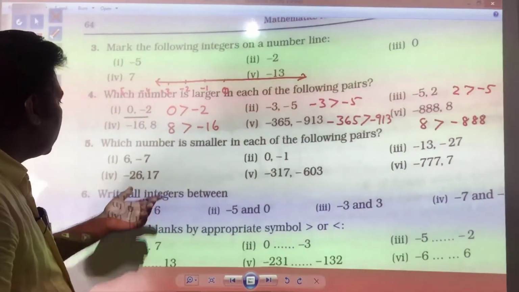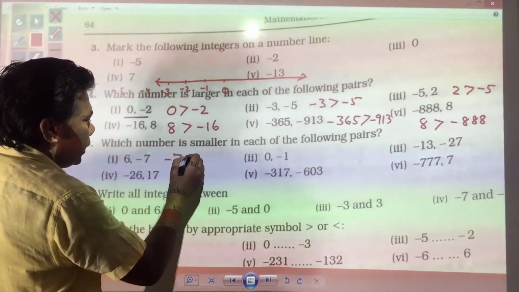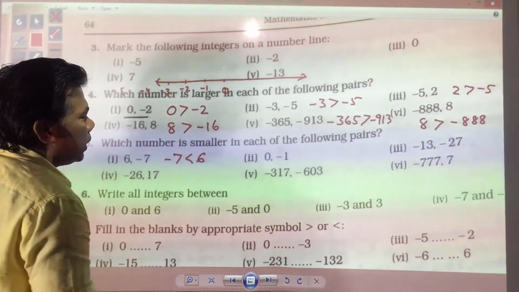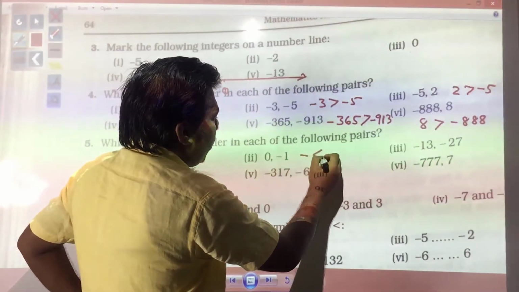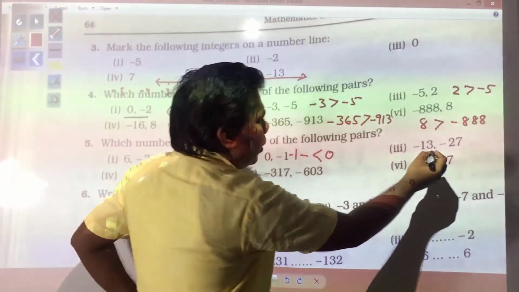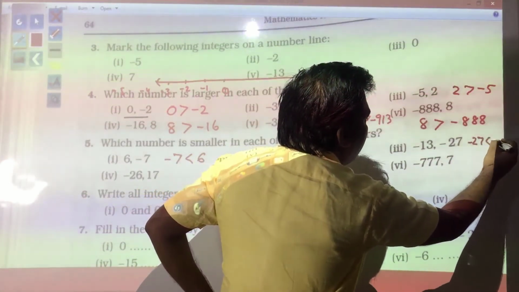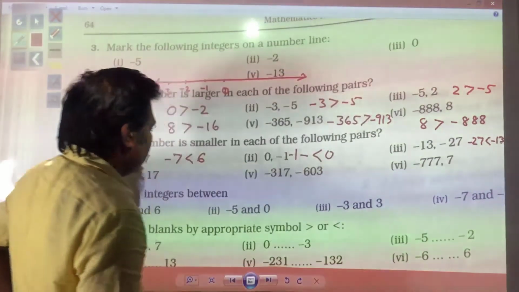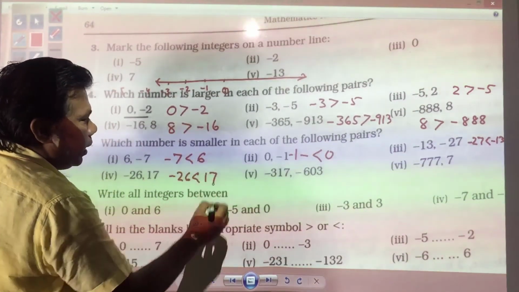Next, you see which number is smaller in each of the following pairs. In the same way, this is required to be done. So, -7 is smaller than 6, -1 is smaller than 0, -27 is smaller than -13, -26 is smaller than 17.